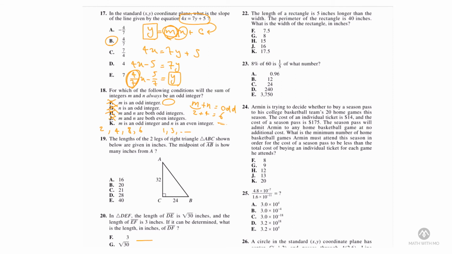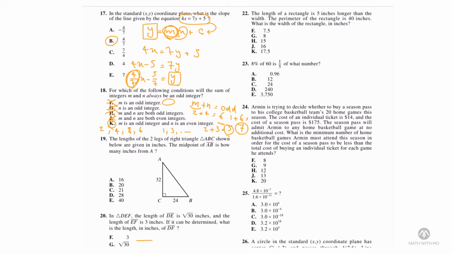K, m is an odd integer, n is an even integer. Let's say 1 plus 6. 1 is odd, 6 is even. It's 7. So you see, it always gives me an odd answer. K is the answer.